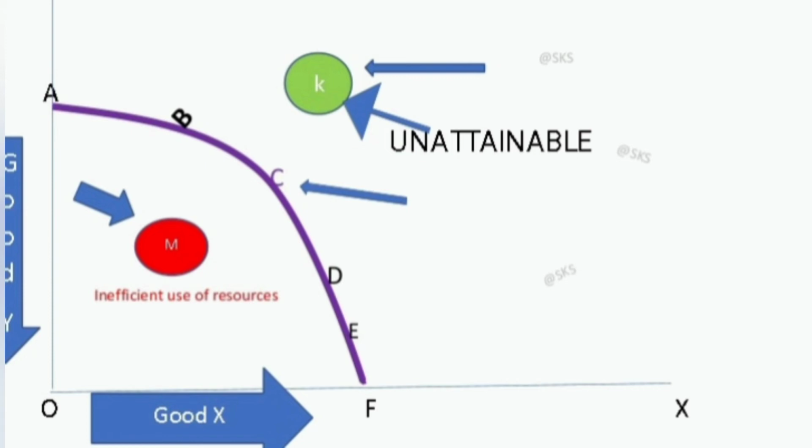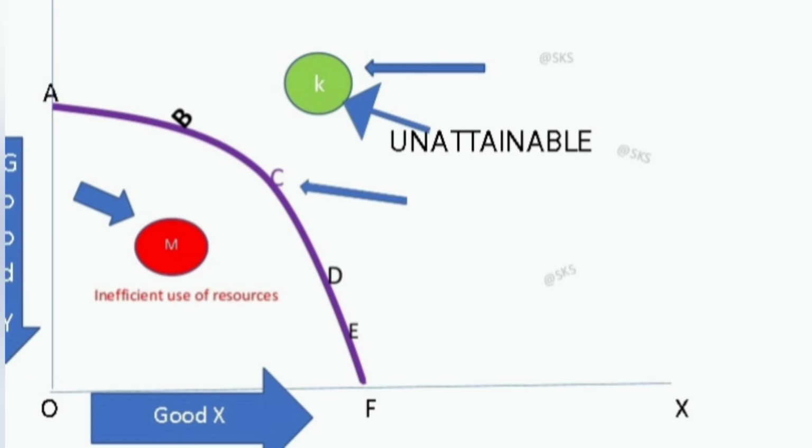But any point below that, here one point is shown, that is M, means only fewer resources are utilized, so the production will also be less. And any point outside the curve is not attainable for the time being. That point here is K. So, only two goods, good X, good Y. Any point below the PPC is inefficient utilization, because the OAF area is already available and the economy is not producing the maximum.